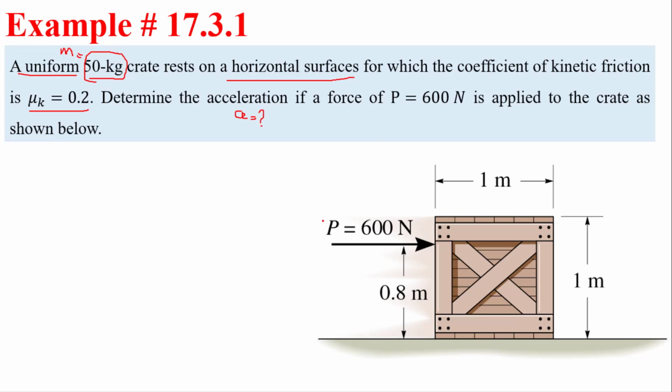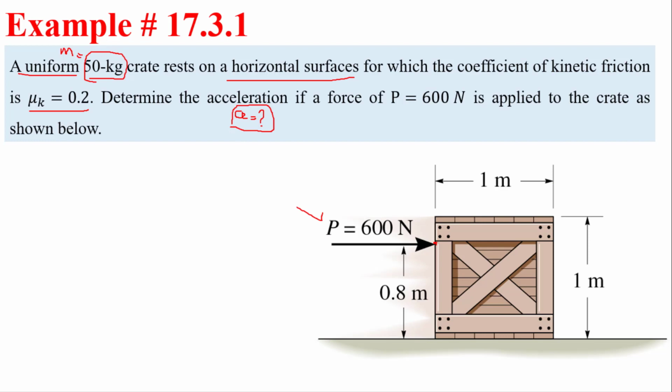If the force, this force applied 600 Newton to the crate as shown in this figure. And here is the dimension 1 meter by 1 meter for this crate, and the point of application of this force is 0.8 meter from the ground. Okay, so we need to find out the acceleration of the crate.